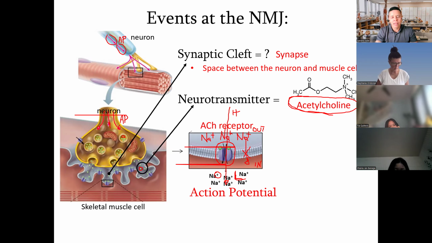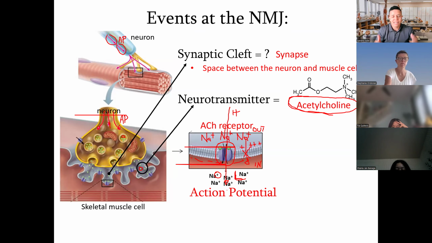Okay, now once all the sodium enters inside of the cell, folks, the polarity across the sarcolemma will change. Before the sodium comes in, inside of the cell was negative, while outside of the cell was positive because of all the sodium outside of the cell. But as soon as the ion channel opens and all the sodium enters the cell, we're going to have a reverse of the polarity across the cell membrane.